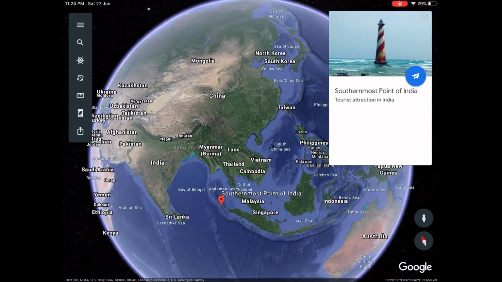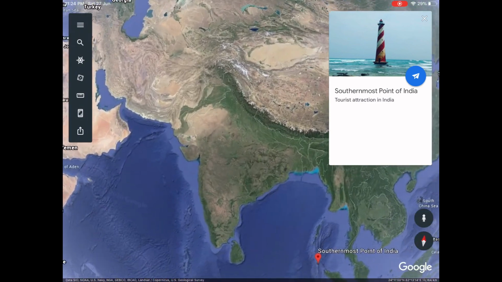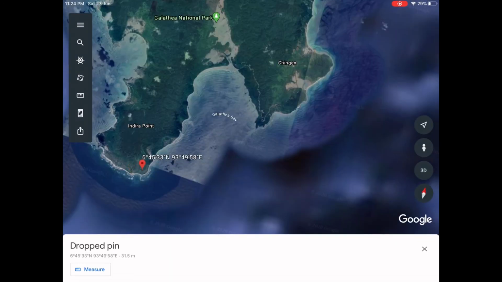As you can see, India is here, and the southernmost tip is here. If we drop a pin over here, you can see 6°45 north, and 93 east. So this is the extent of Indira Point. As we have seen in the textbook, they told us it is 6°45 north.